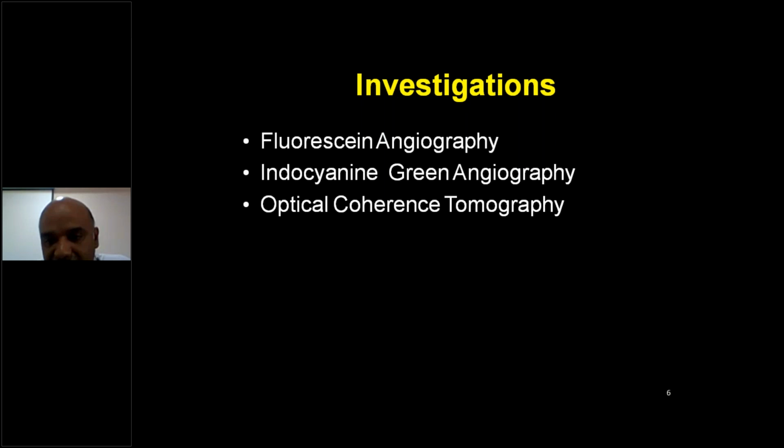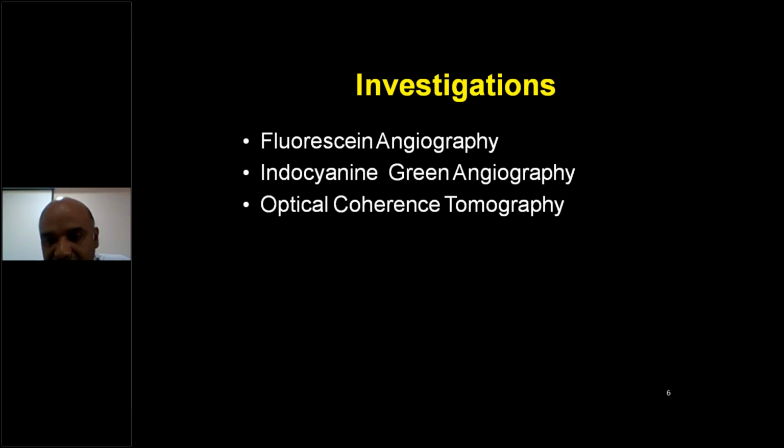In the retina, there are two plexuses of blood vessels, that is the superficial capillary plexus, SCP, and the deep capillary plexus, DCP. To analyze the SCP and DCP, you use fluorescein angiography. To analyze the choriocapillaries, you use indocyanine green angiography.